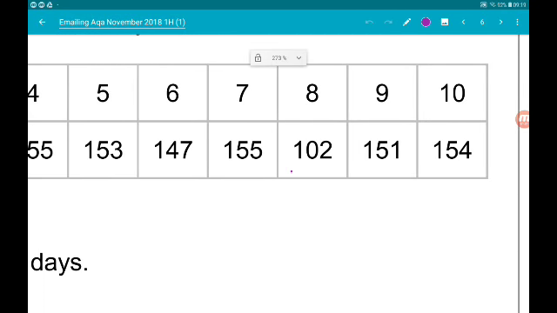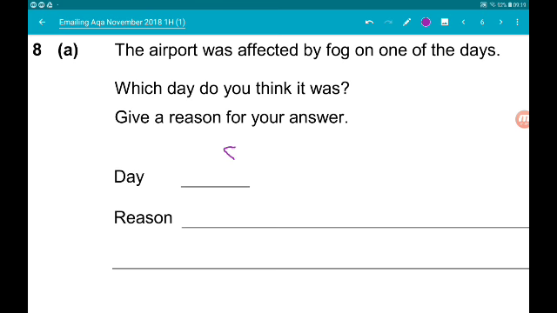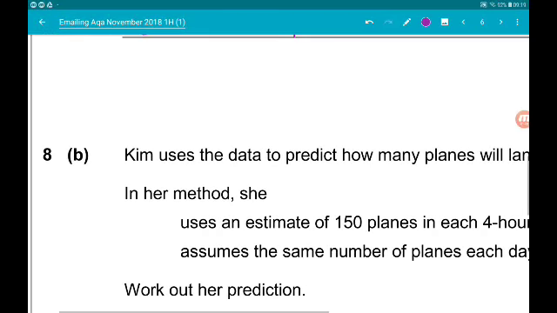Well, 102 is quite low, so we can go day 8, because 102 is a lot lower than the others. Cool. Part B.